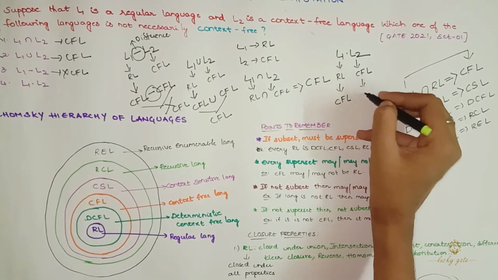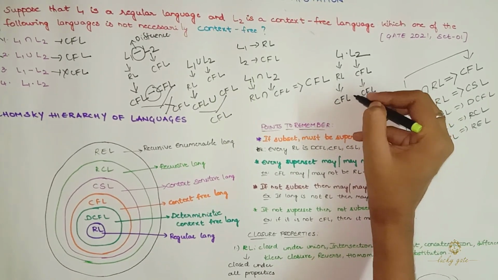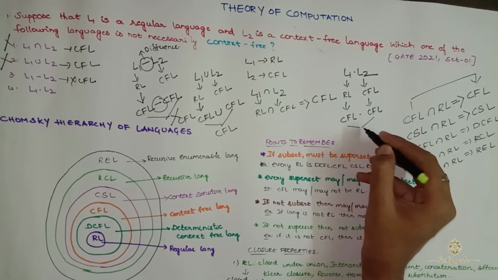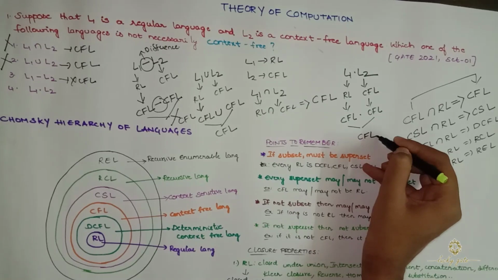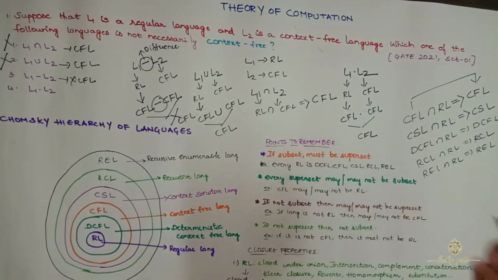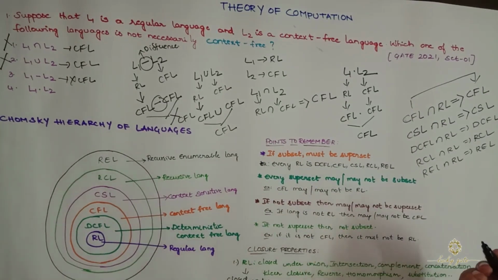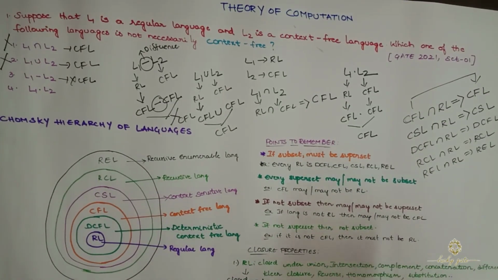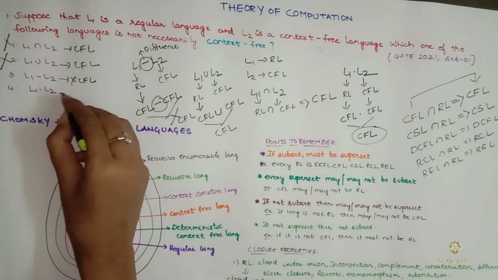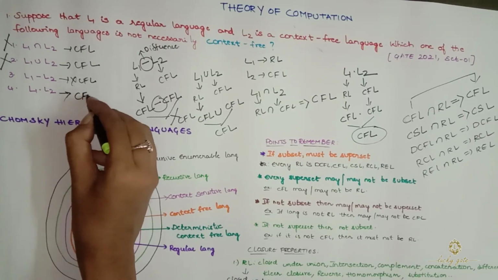And L2 is also a CFL. It is performing concatenation, so the resulting language is also a CFL, since CFLs are closed under union, concatenation, Kleene closure, reverse and homomorphism, as we discussed before. So the answer for the fourth option is CFL.